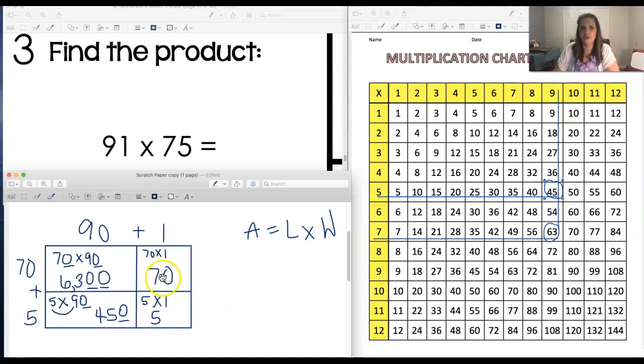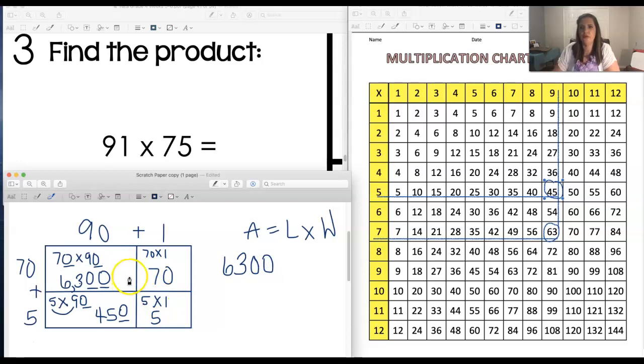Now I'm not finished because I have the area of each of these rectangles, but I need the total of all of them together. These are called partial products or partial answers. So I'm going to take the numbers and line them up in my ones place and add them together.